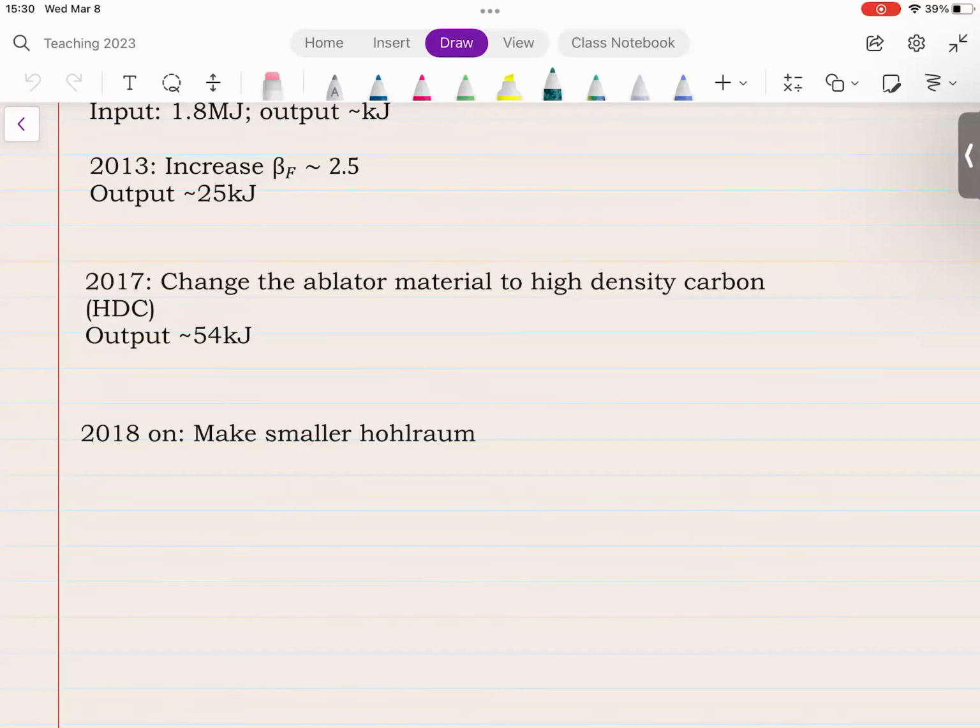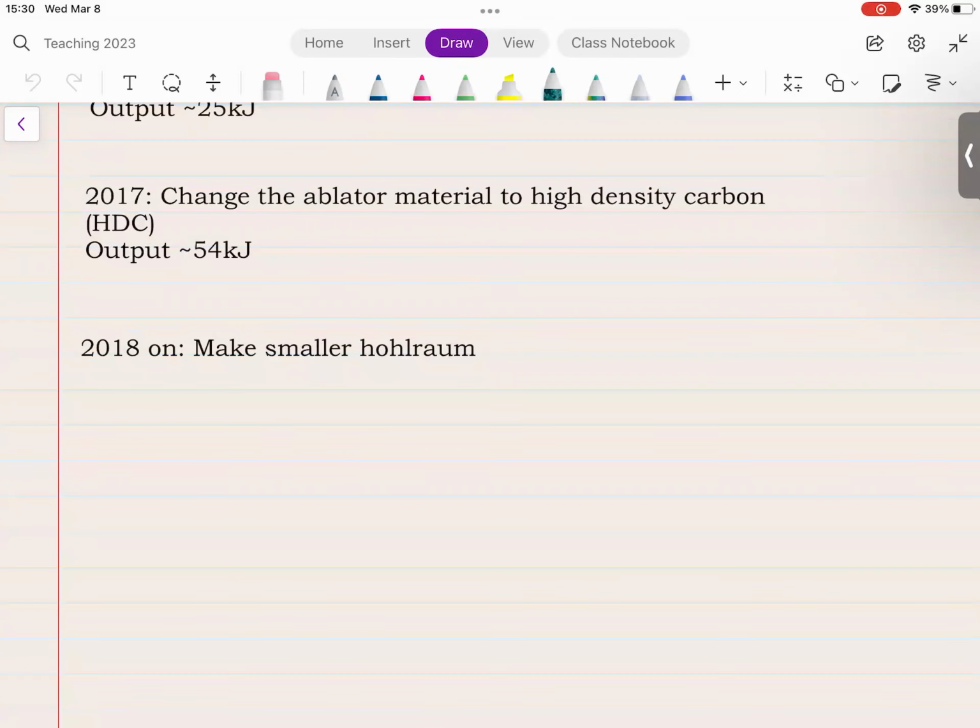The other advances that were important in achieving ignition were an improvement in the HDC, high density carbon material.